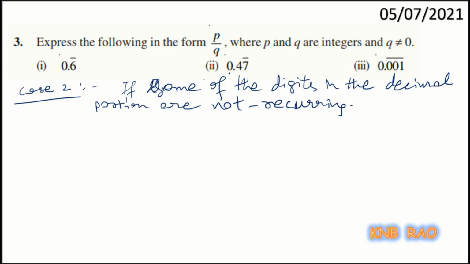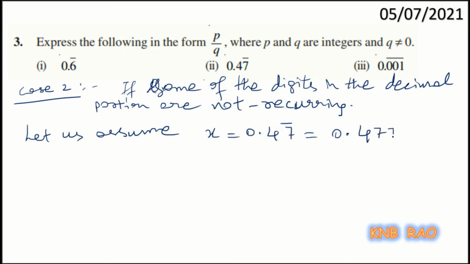Now, this is the example 0.47 bar. You know, in this, let us assume x as 0.4 only 7 bar, which means 0.477777 and so on, correct, where periodicity is only 1.